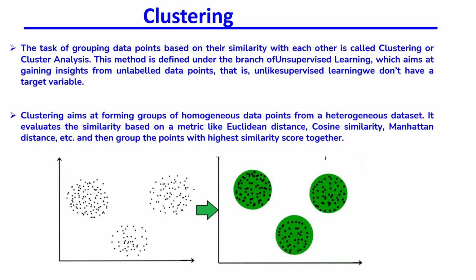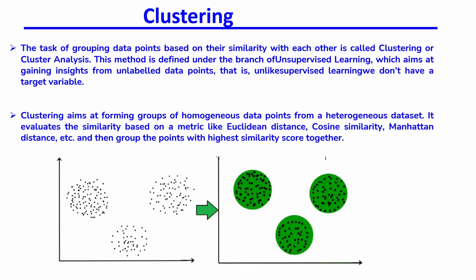The method is defined in such a way that we can use unlabeled data, because this is a part of unsupervised learning, and the idea is to form homogeneous groups, so that they have similarities. So, your starting data may be heterogeneous and then you split the data into different homogeneous groups.